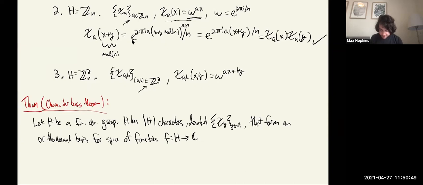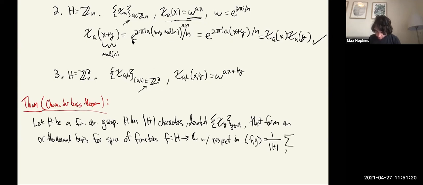And I should say, I'm talking about an orthonormal basis, so I better define an inner product, since orthonormality is defined with respect to some inner product. So orthonormal with respect to what? Well, with respect to the standard normalized Hermitian product. So with respect to the following Hermitian product, the inner product of f and g is equal to 1 over the size of H, so it's normalized.